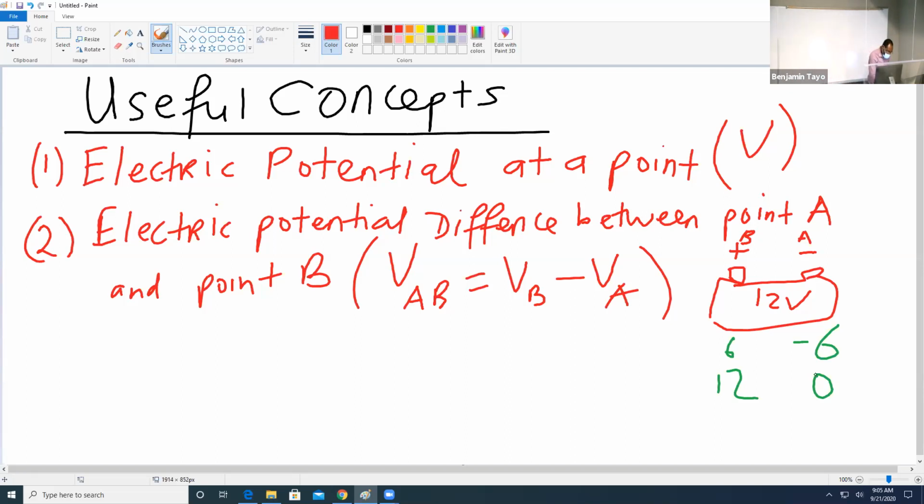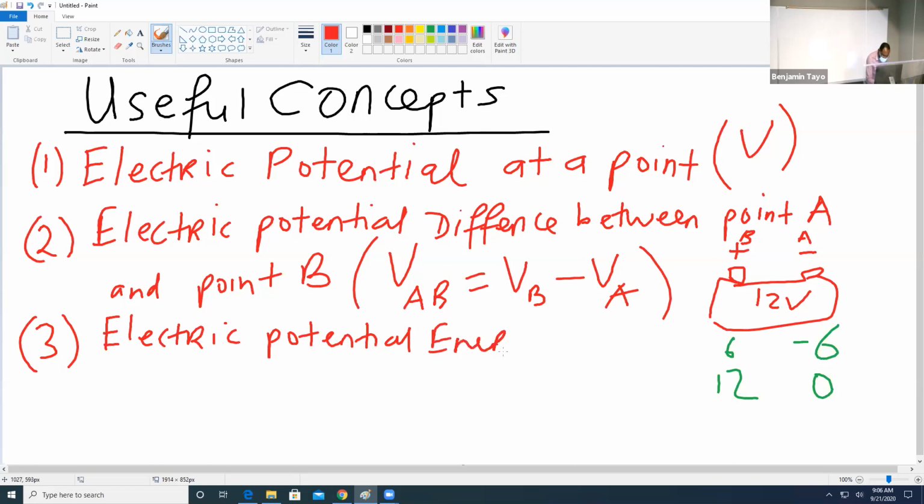Now the third quantity that we're going to look at here is called the electric potential energy. The symbol here is U subscript E, and you're going to say that U subscript E is the test charge times VAB.